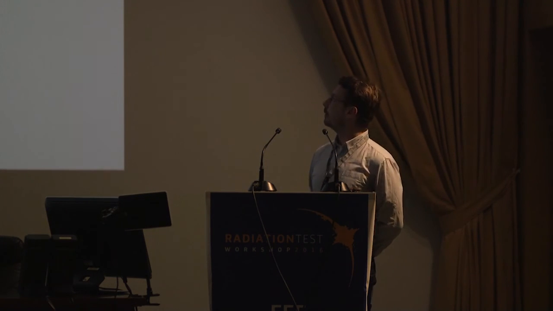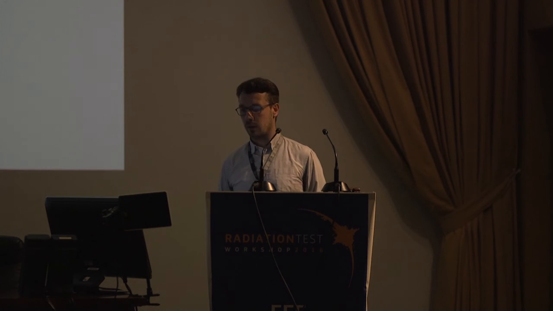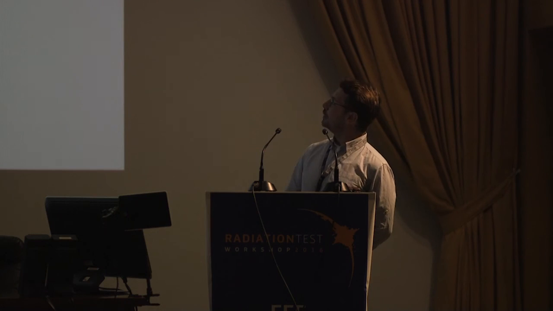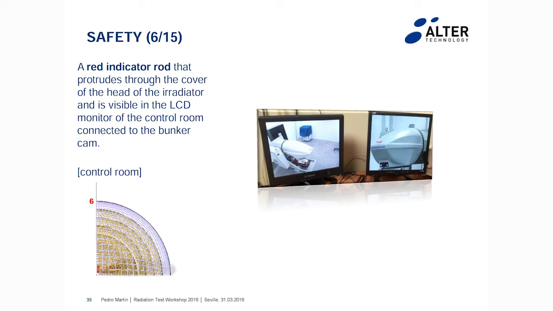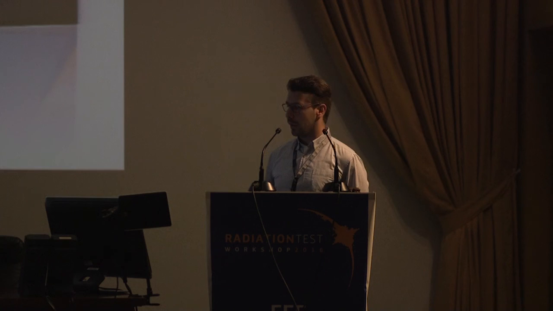If you don't see that, you can see what happens inside the radiation room through the camera that is installed and the monitor that is placed in the control room. If you don't see that, maybe you will see the other monitor. If you don't see that, maybe you will see the red lights above the door to enter the radiation room. That is advising you that the radiation is on.